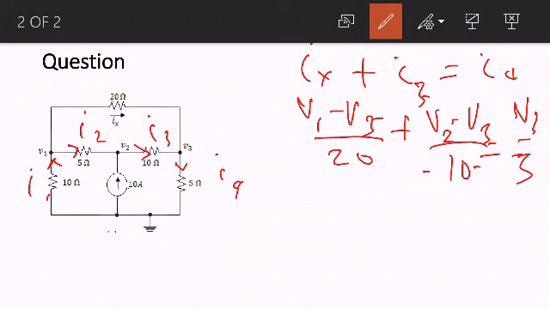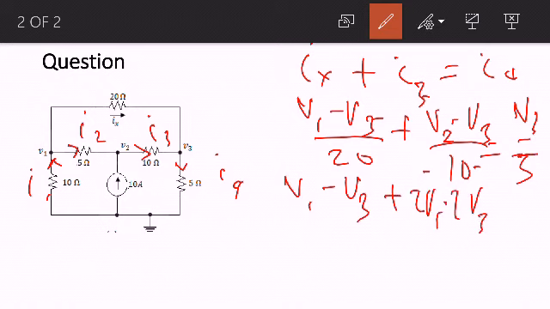So we can multiply through by the LCM, which is 20. We are going to get V1 minus V3 plus 2V2 minus 2V3 equal to 4V3. Now if we bring all together, we get 3V1 minus 3V3, okay.